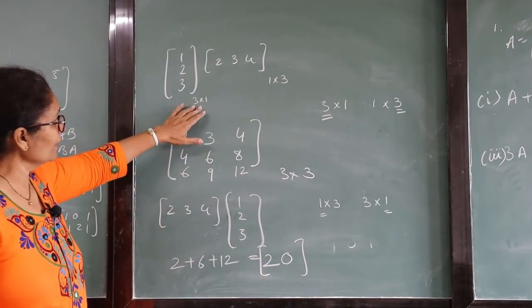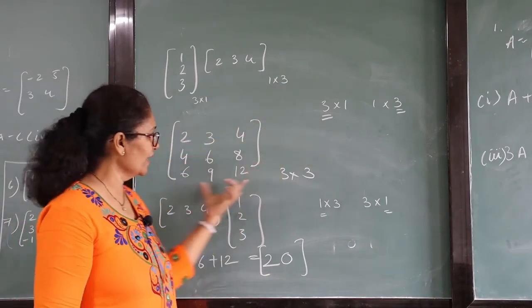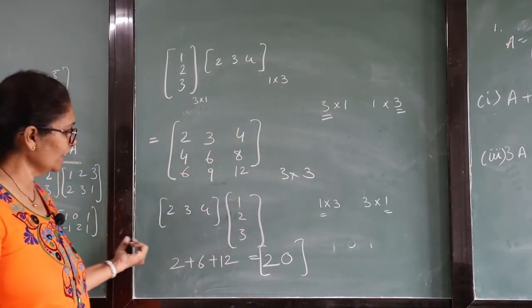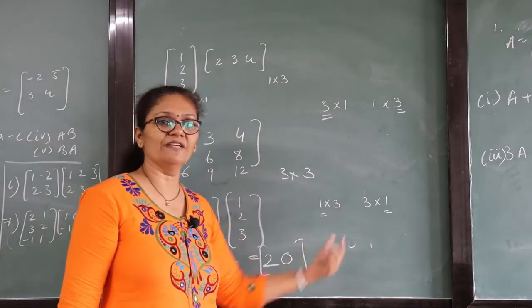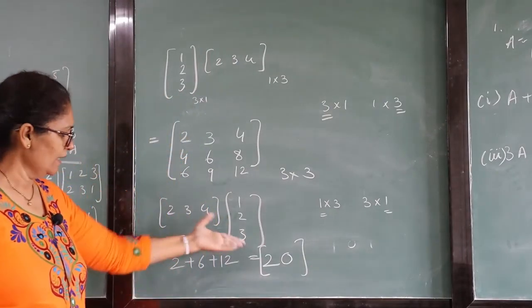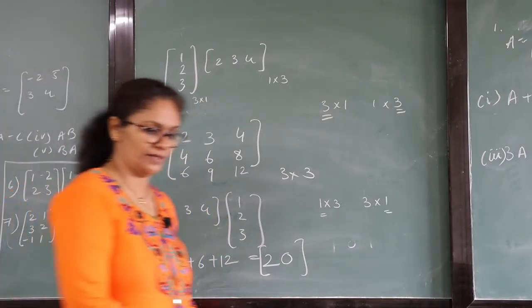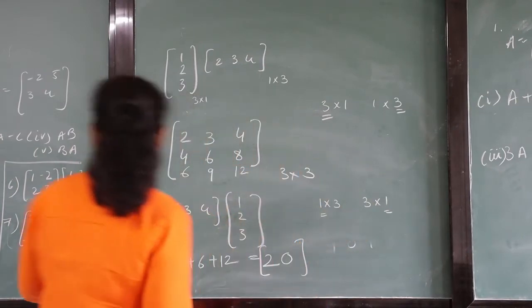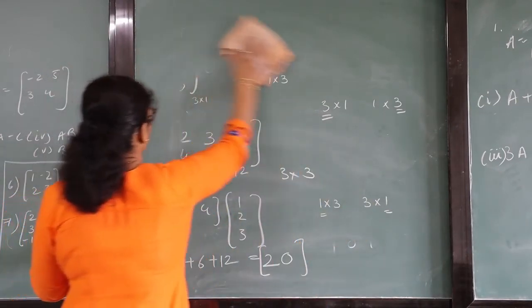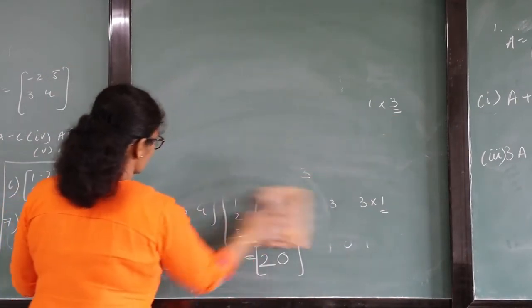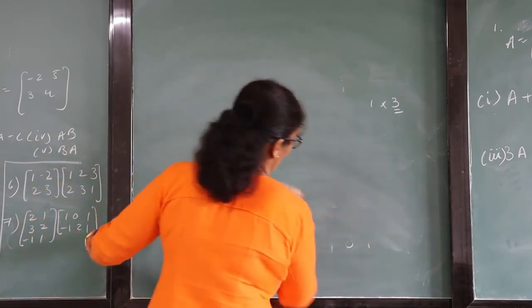So when you multiply 3 by 1 and 1 by 3 matrices, we get 3 by 3. But when we multiply 1 by 3 and 3 by 1, we are getting only a 1 by 1 matrix, and its answer is 20. Now let's see another question in which one square matrix is given and another is a rectangular matrix.